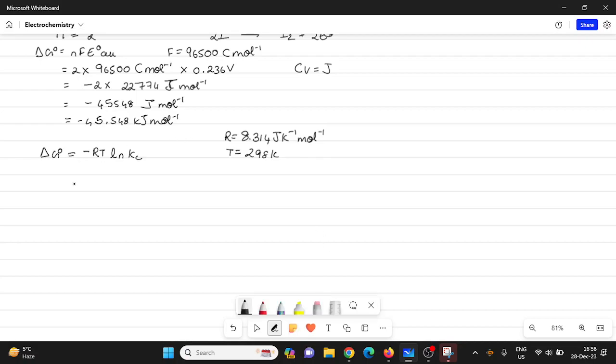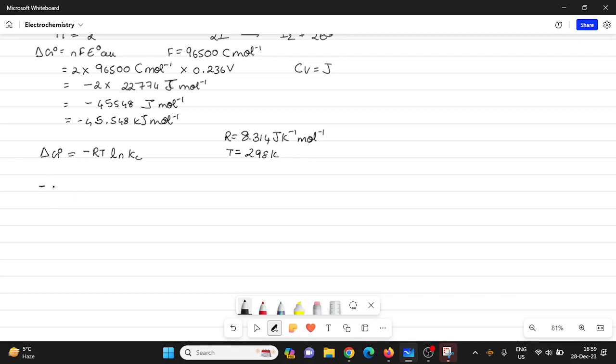So we're going to use the value in joules per mole and not kilojoules, because R is in joules. You can either do that or convert this to kilojoules; it's your wish. In the end, it's all going to get cancelled anyway.